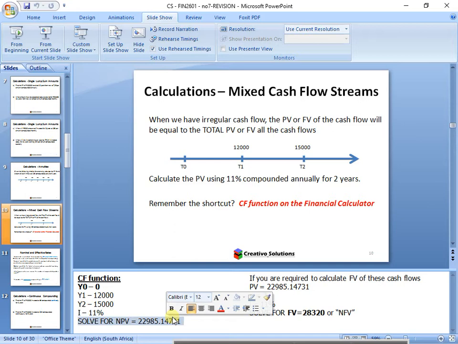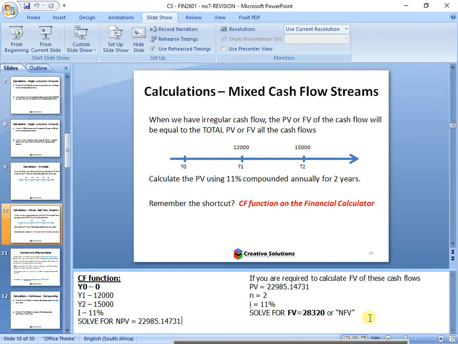What button are you using on the calculator? You should be using the CF button. Cash flow, CF. I just want you to not calculate the future value on the right hand side. If you wanted future value, you would just take this amount forward.